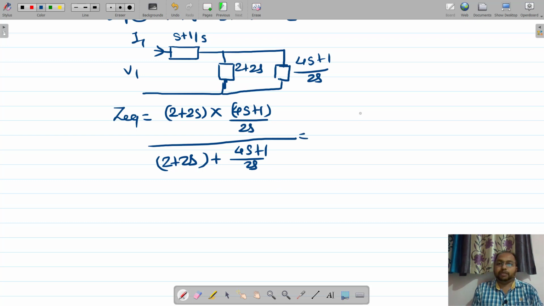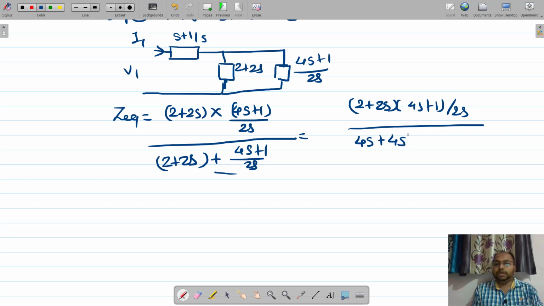So 2 plus 2S into this bracket 4S plus 1 divided by twice S. Let us multiply by 2S so that we can make the common denominator. So 4S plus 4S square plus 4S plus 1, divided by 2S, and we can cancel out this 2S with this 2S, right? Okay, now simplify it.